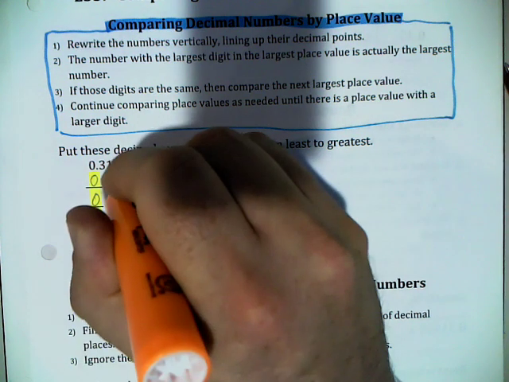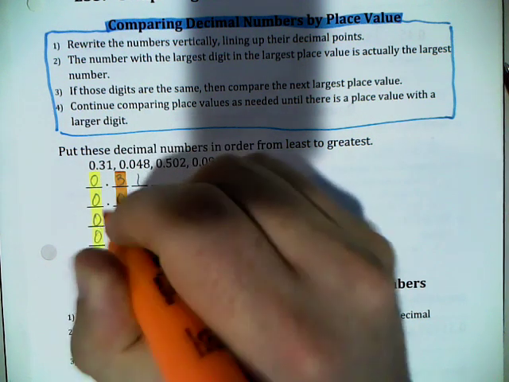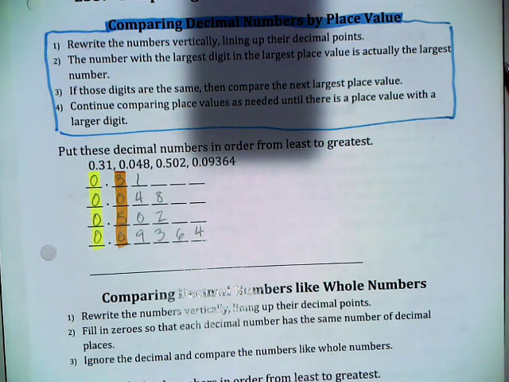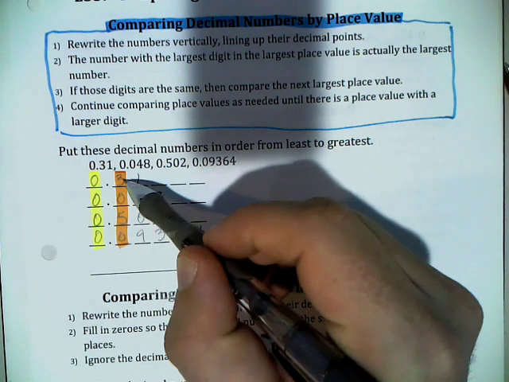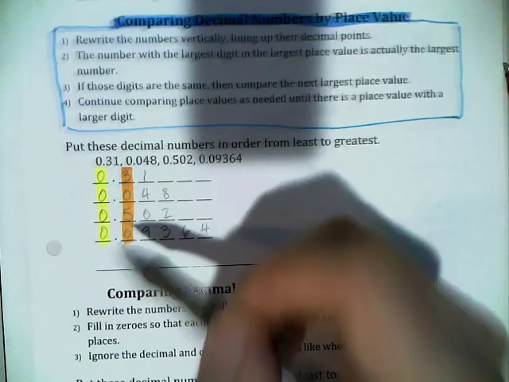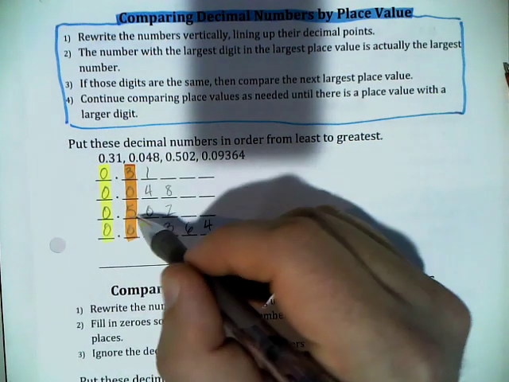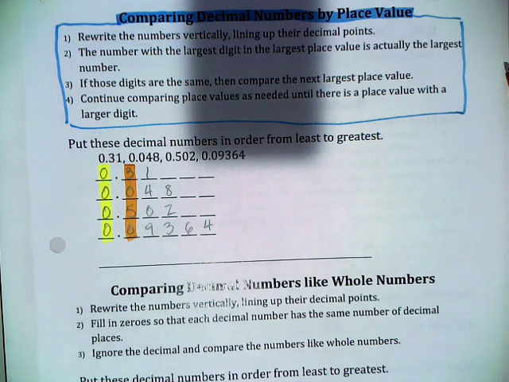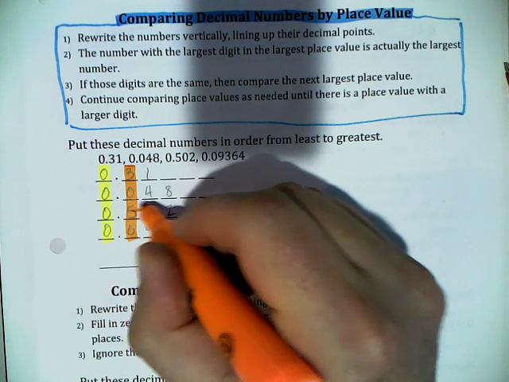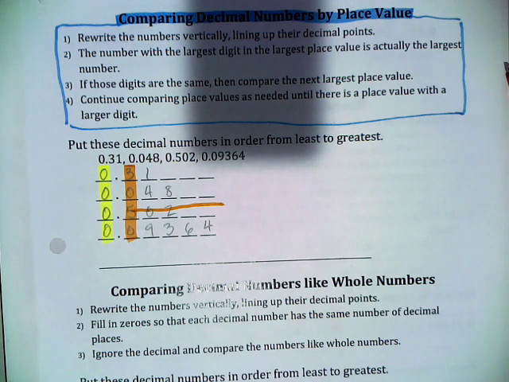So if we grab our orange and compare now the next largest place value, so in this case, this would be the tenths place, we can see that we have a 3, a 0, a 5, and another 0. So 3, 0, 5, 0. So 2 of these are obviously larger than the others. And then one of them obviously comes out as the largest. So this one right here with the 5 is bigger than 3 or 0.